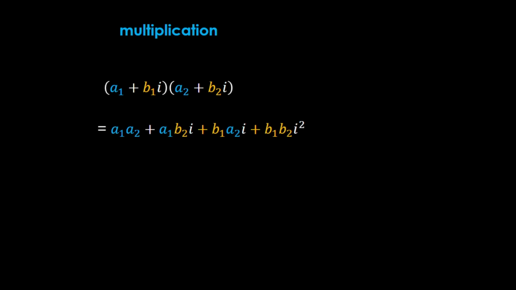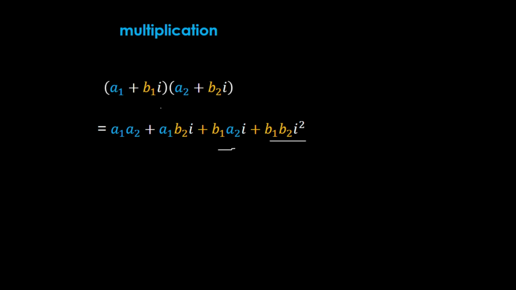Okay, talking about multiplication, we just have to multiply. Here we are not just going to multiply the real by the real and the imaginary by the imaginary. No, that is cross multiplication, as we know in mathematics. You multiply a1 times a2, a1 times b2, b1 times a2, and b1 times b2 with i squared.